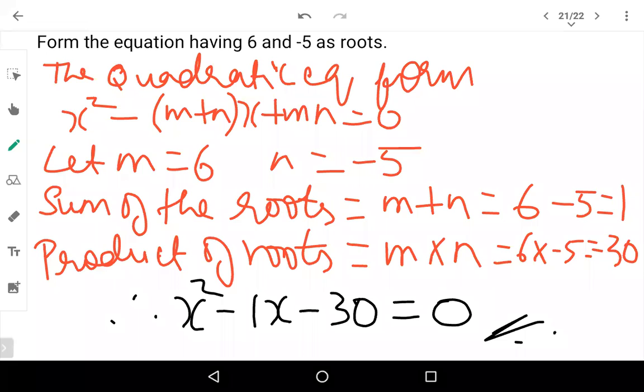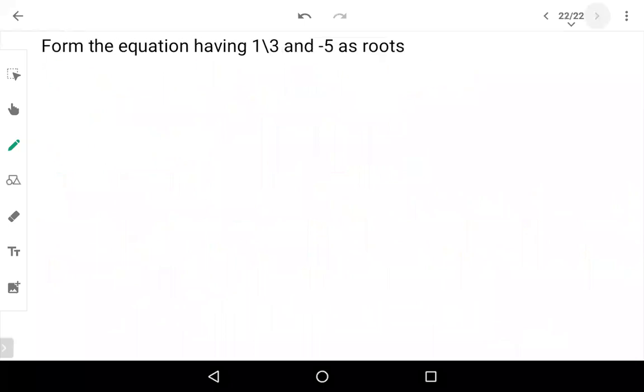Okay, good. Now let us go to the next question. Form the equation having 1 by 3 and minus 5 as roots. Give it a try. Try solving. One root is 1 by 3, another root is minus 5.